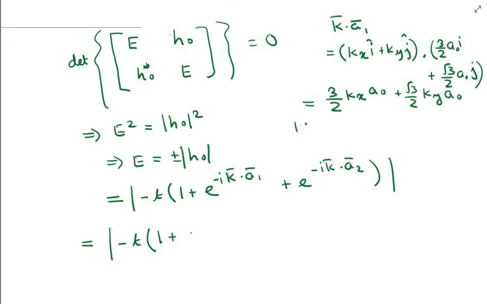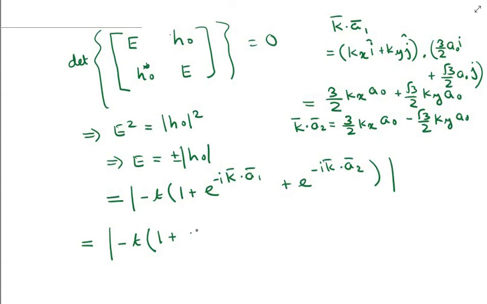Similarly, k dot a2 is equal to 3 by 2 kx a0 minus root 3 by 2 ky a0.